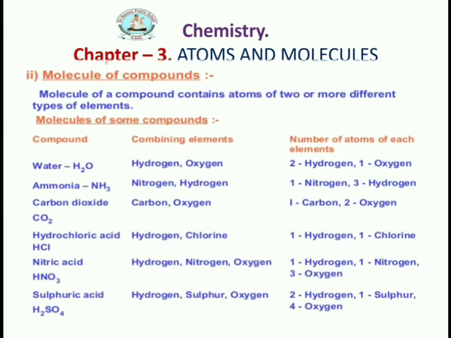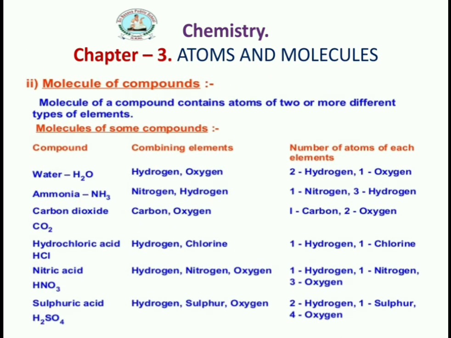Now, molecule of compounds. A molecule of a compound contains atoms of 2 or more different types of elements. Before, you studied the same elements. Here we are discussing molecules of compounds containing atoms of 2 or more different elements.